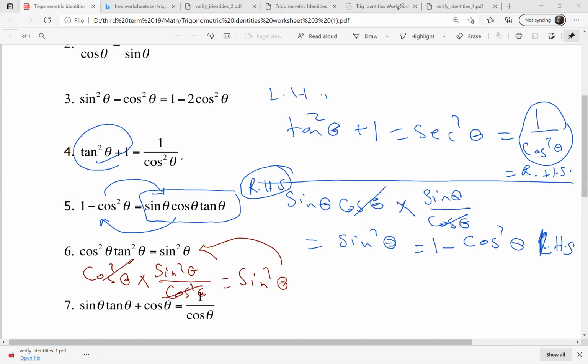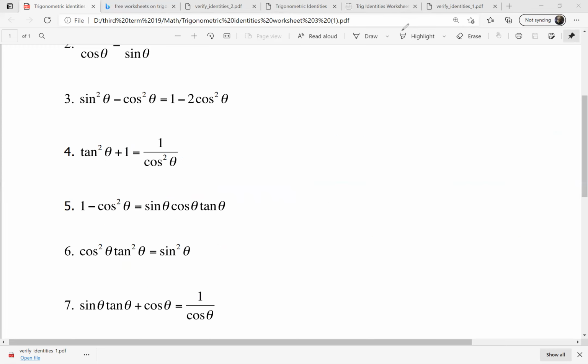Okay, let me move to the other one, which is number 7. Number 7, we need the left hand side, which is sine theta times tan theta plus cosine theta.